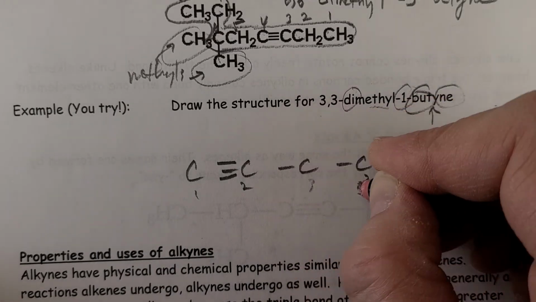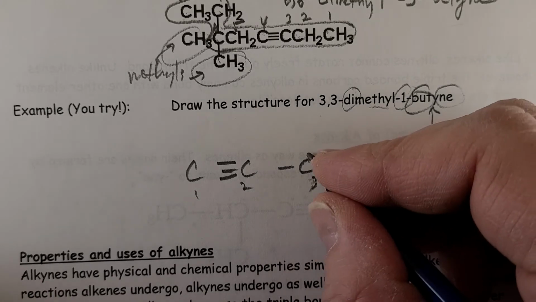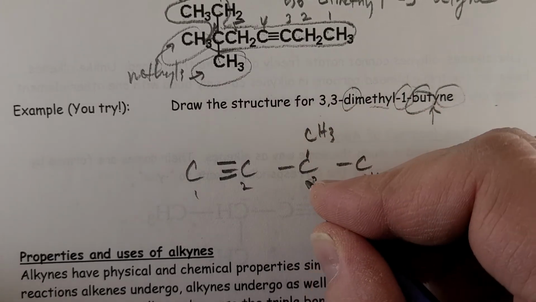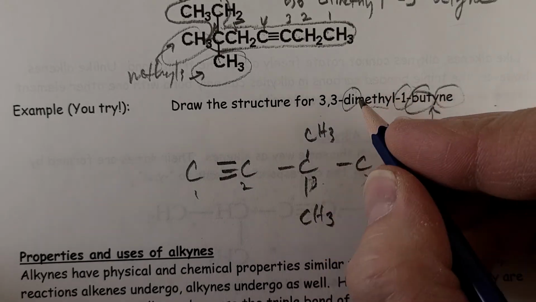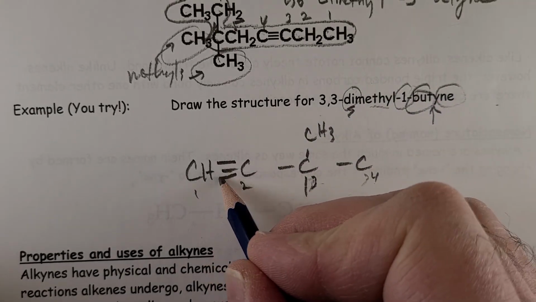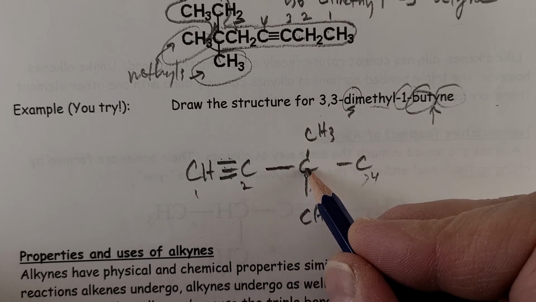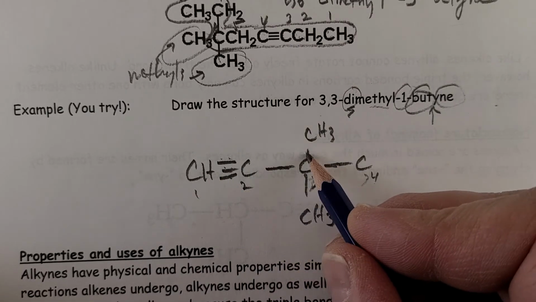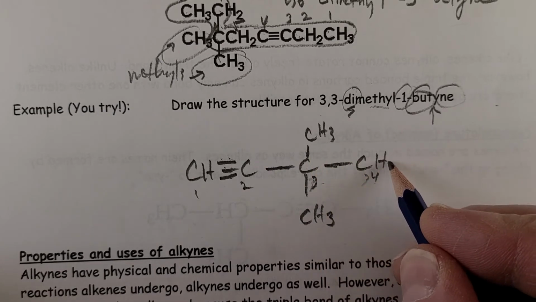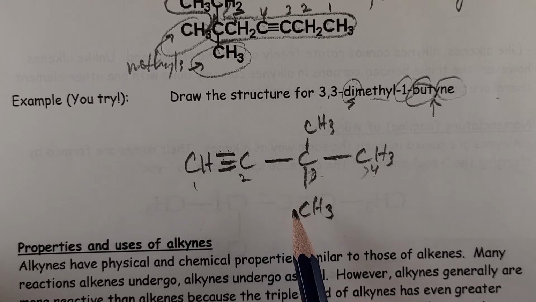So at position 3, I'm going to have a methyl and another methyl because it's di. And then just fill in the H's. I'm going to need one there. 1, 2, 3, 4. 1, 2, 3, 4. This carbon's good. This carbon, 1, 2, 3, 4. He's good. This carbon, yeah, I need the extra 3 at the end. There we go. 3,3-dimethyl-1-butyne.